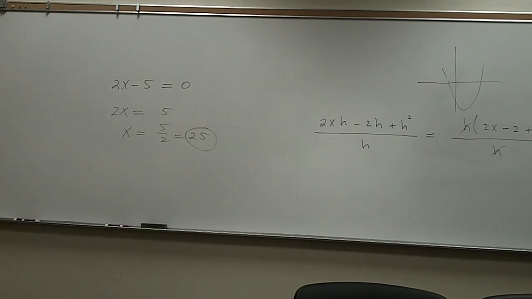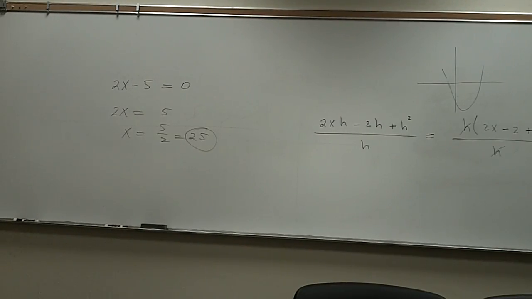The first number of the vertex is 2.5, because at the vertex, the slope has to be 0. No matter if the vertex is up here like this, or whether it's at the bottom, the slope is 0. That's why I set the slope equal to 0. I wanted to find out, where does my line turn and go the other direction?